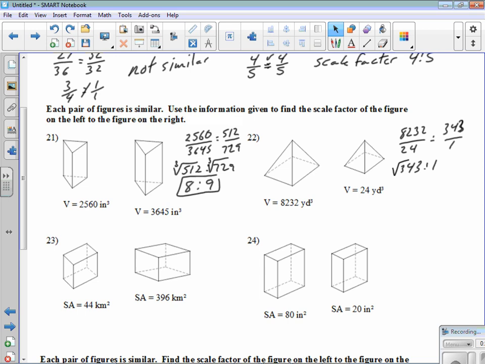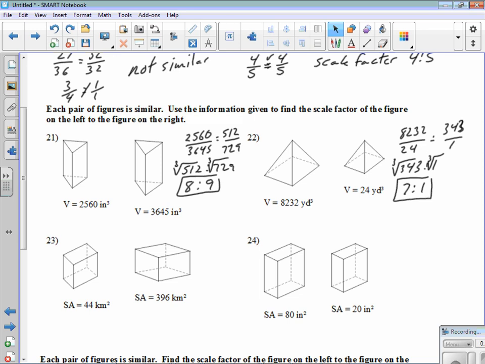So just like the last one, we have to take the cube root of both of those. And so the cube root of 343 will be 7. The cube root of 1 is just 1. So 7 to 1.